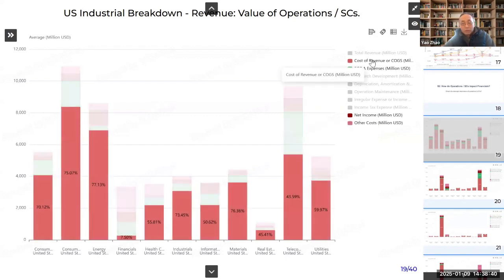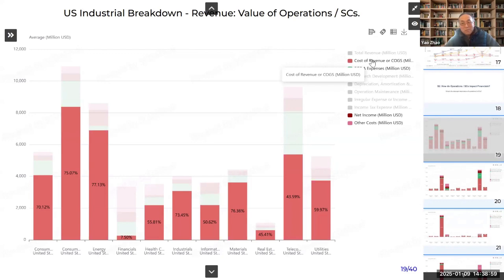So let's first look at cost of goods sold for the US. And you can clearly see out of these 11 major industry sectors, cost of goods sold is the largest cost component in all of them except one.